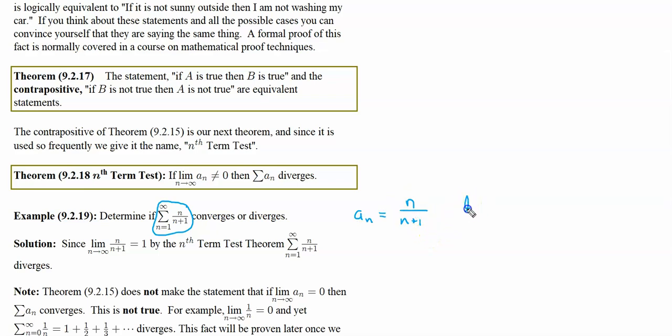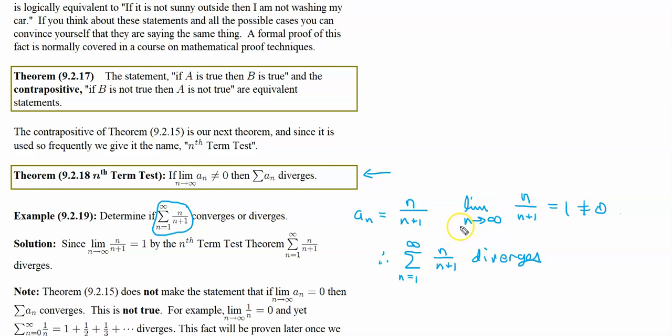And let's also note that the limit as n goes to infinity of n over n plus 1, well, that's equal to 1, right? Which does not equal 0. So therefore, the series involving these terms diverges by the nth term test right here. And that's all you have to do.